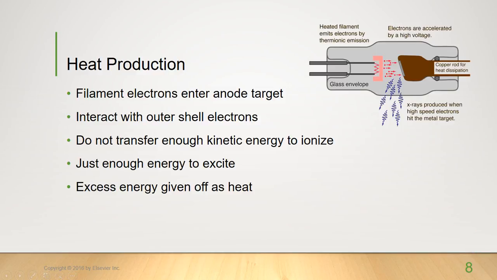There are thousands of interactions in one single exposure, and 99% cause heat, and that's called infrared energy if you want to talk about it. But the end result is that most of the energy from the filament electrons is lost as heat, and only 1% results in X-ray production, which we've already kind of talked about. So make sure that you understand that.